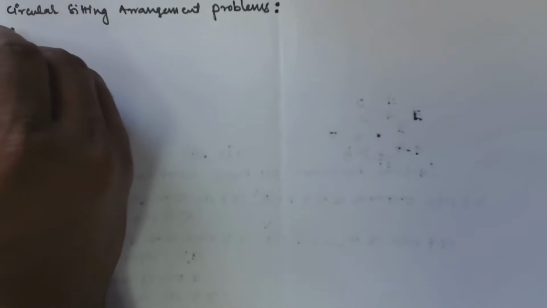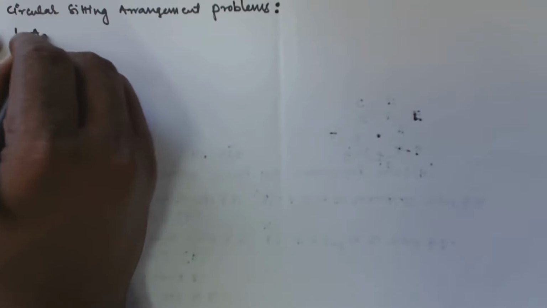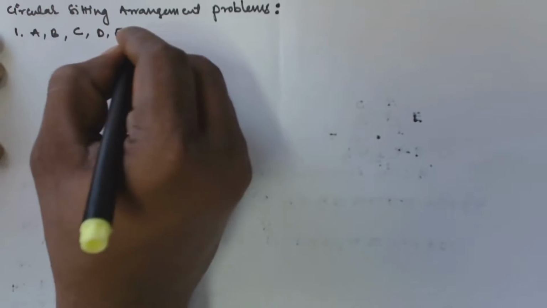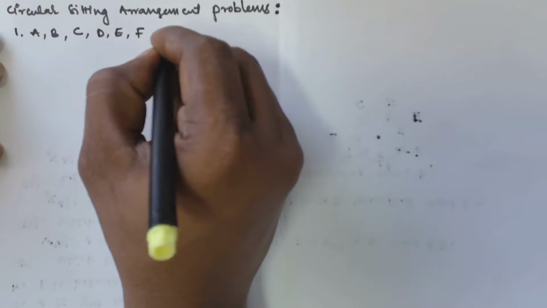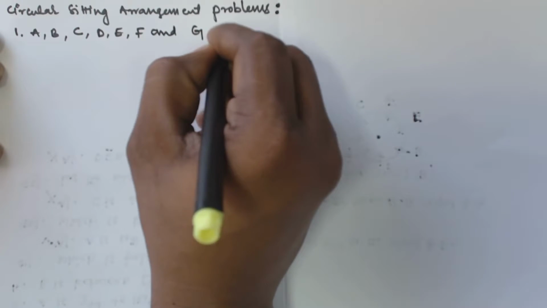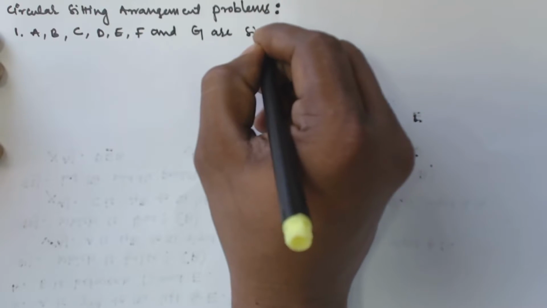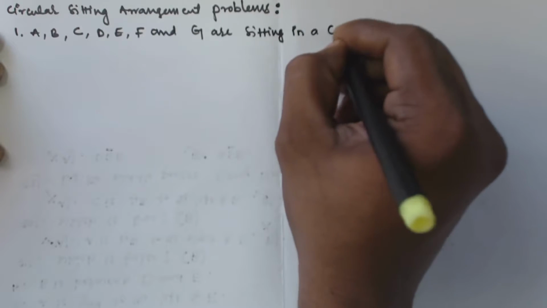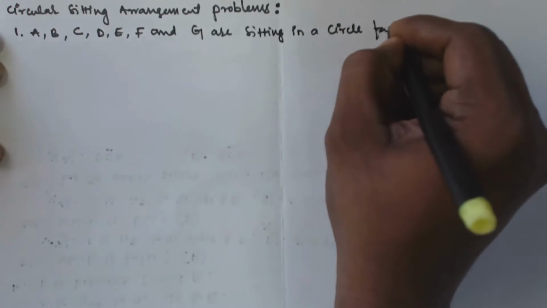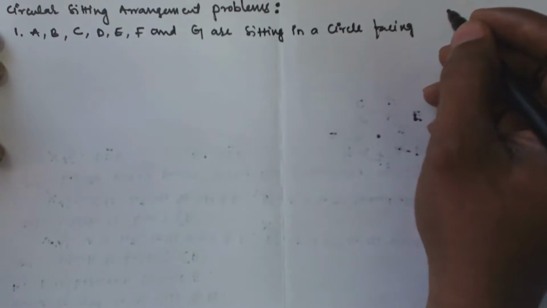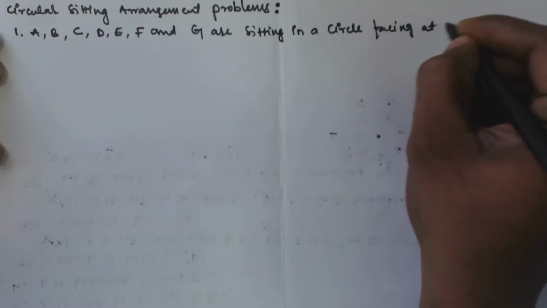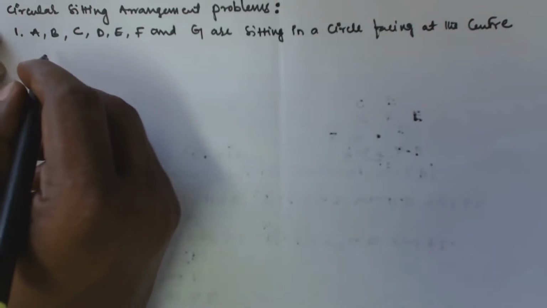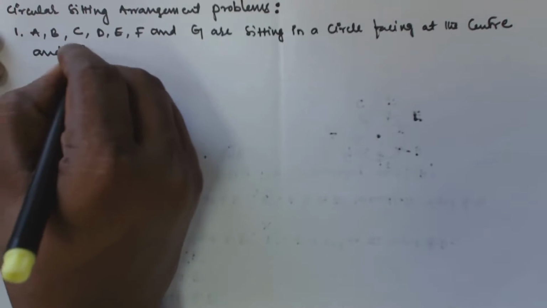The first statement is: A, B, C, D, E, F and G are sitting in a circle facing the center and playing cards.